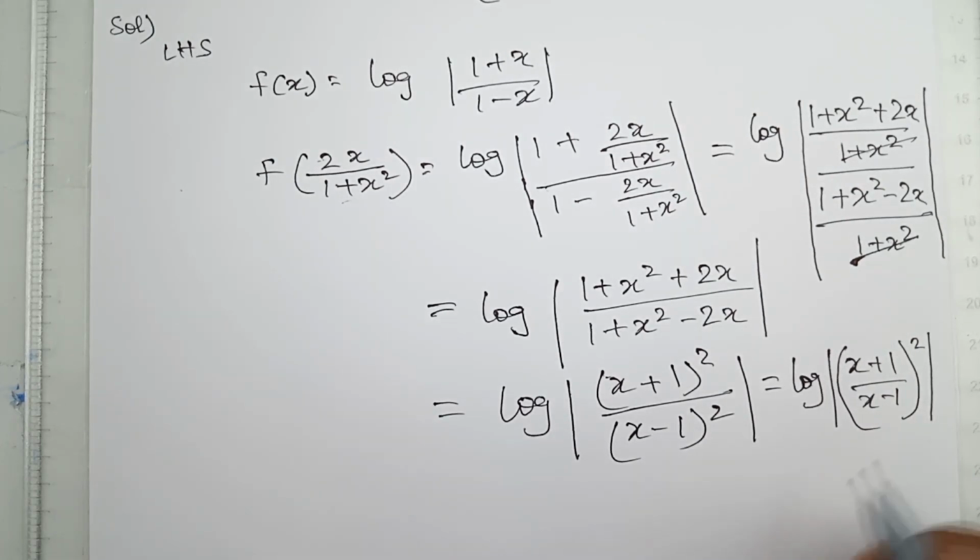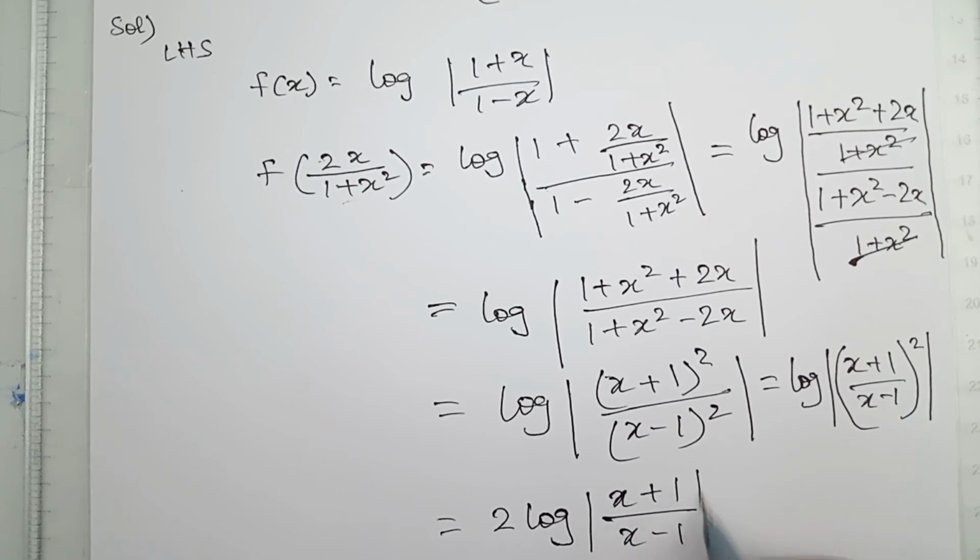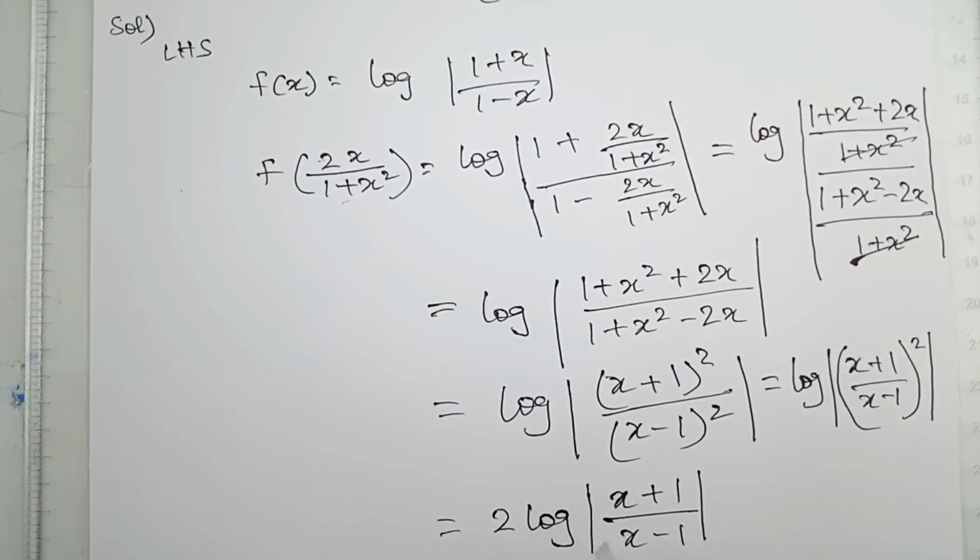Okay, now there is a formula in which in logs this 2 as a power will change into the multiplication. So here the answer should be 2 log x plus 1 by x minus 1 in the mod.